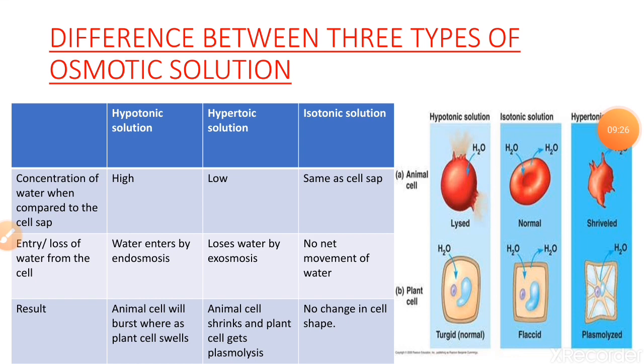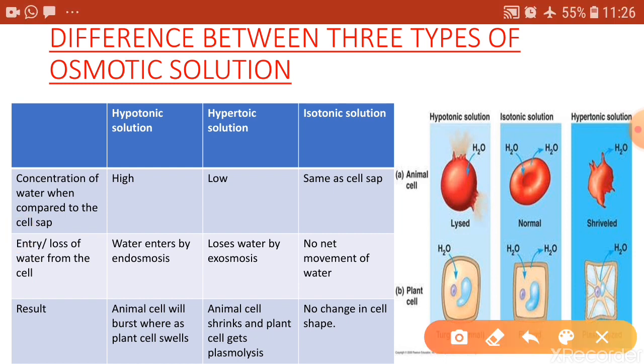Now let us quickly differentiate between the three types of osmotic solutions, that is hypotonic, hypertonic and isotonic. Just a recall of what you have learned so far. A hypotonic solution is a solution whose water concentration is high when compared to the cell sap.